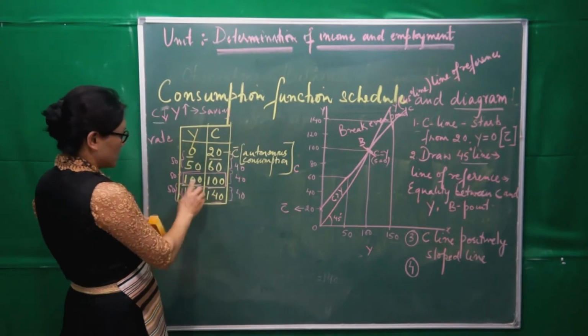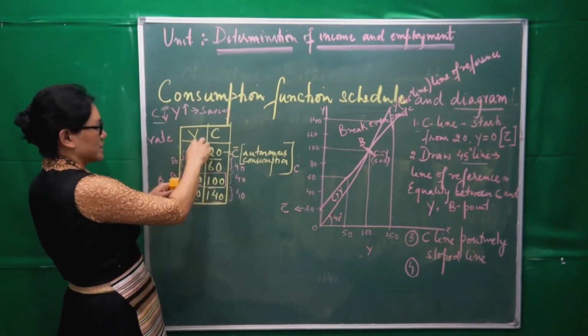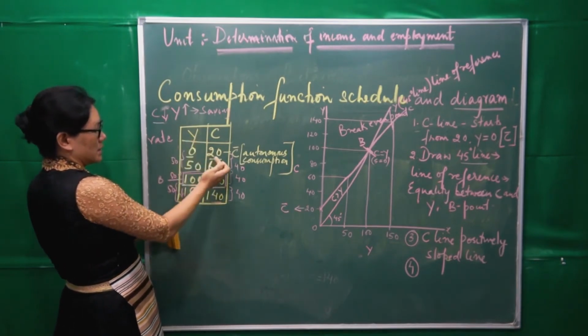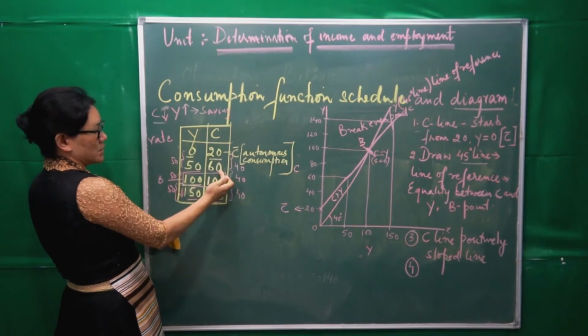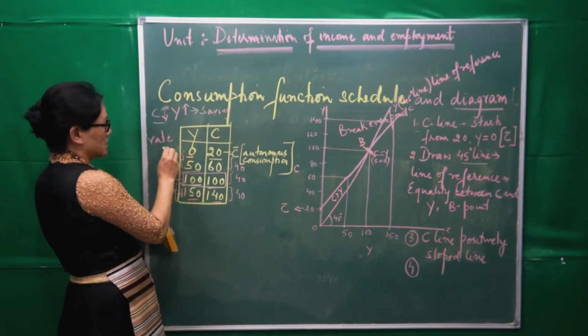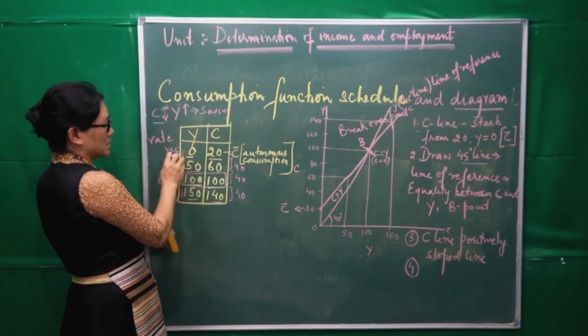Yes. So this is the B point, right? So prior to this, what is happening here? Consumption is greater than Y. Is it? See here, in this, Y is lesser than C.